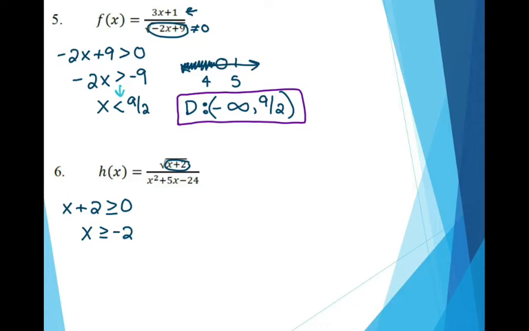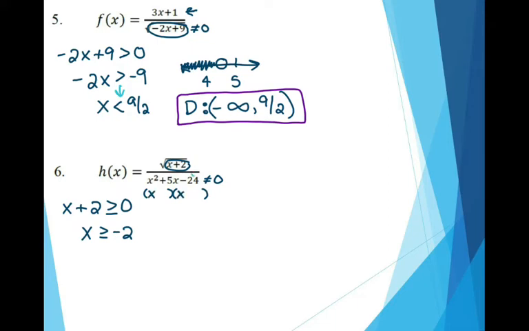Now let's deal with this denominator. So this denominator cannot equal 0. We have this quadratic this time around. So anytime we do see quadratics, chances are we're going to have to factor it. So in order to factor this, I am trying to find two numbers that multiply to negative 24 and add to 5. Make these little notes here.